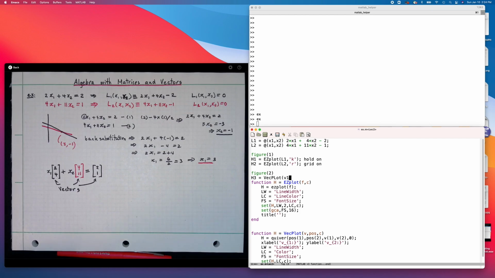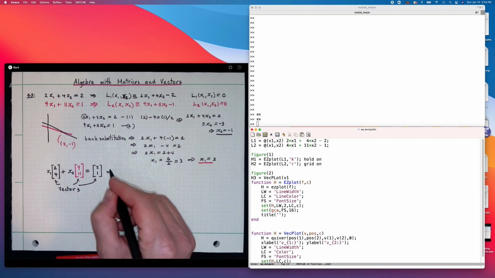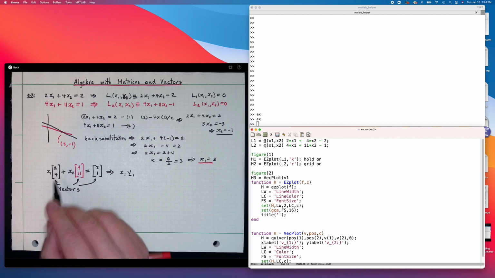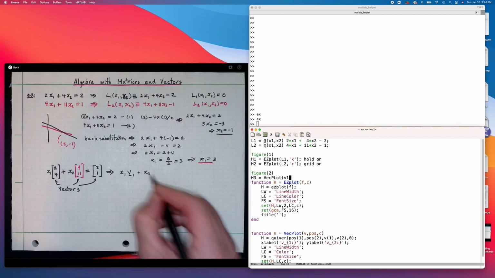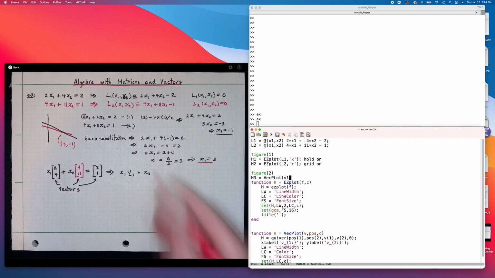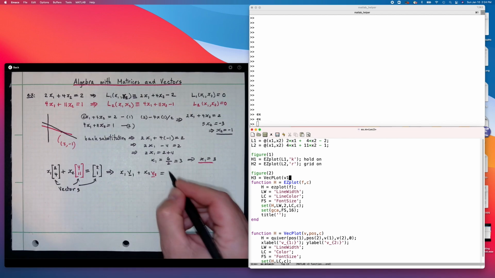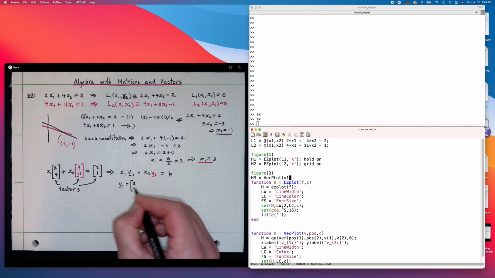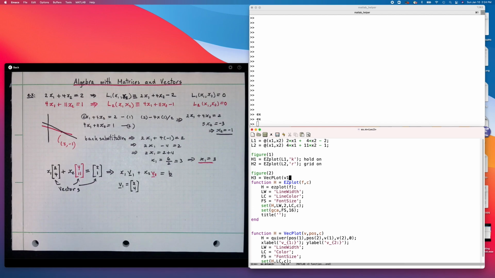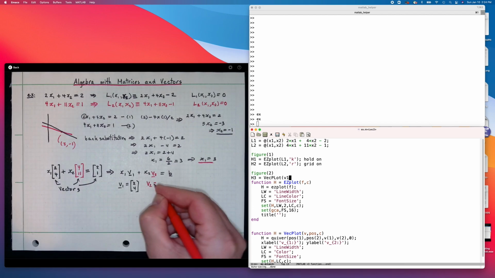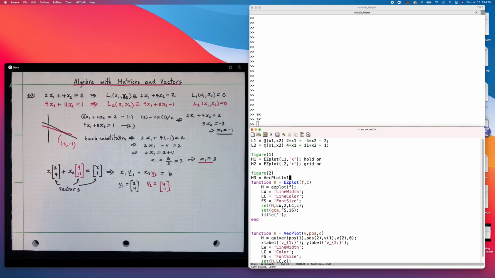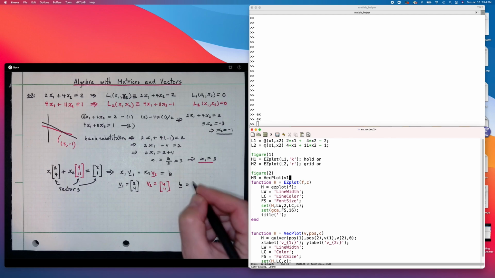So I guess I can rewrite this in this way: x1 times v1, the little underscore means that this is a vector, plus x2 times v2 is equal to the vector b. So v1 is 2, 4. v2 is 4, 11. And b is 2, 1.